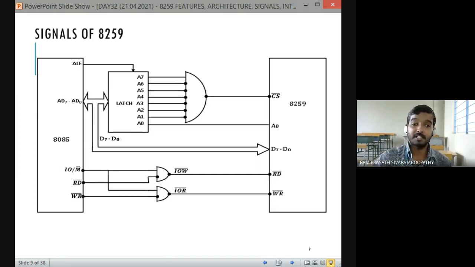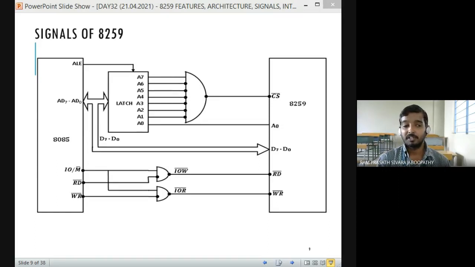So if this circuit is implemented and I want to program my 8259, what are the two addresses I have? Yes, very good, Shivakumar. You have written it in binary pattern. Can you type in hexadecimal? Yes, very good. 80H or 81H. Very good, super. For writing some of the command words, we have to use the address 80H. For writing some of the command words, we have to use the address 81H. Fine. So that's all about this particular diagram.